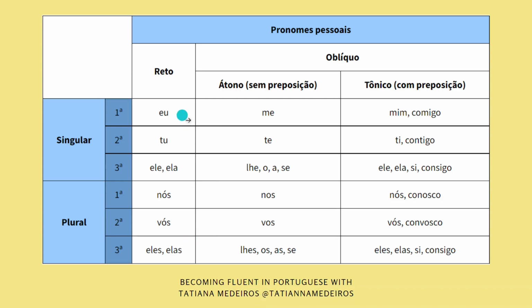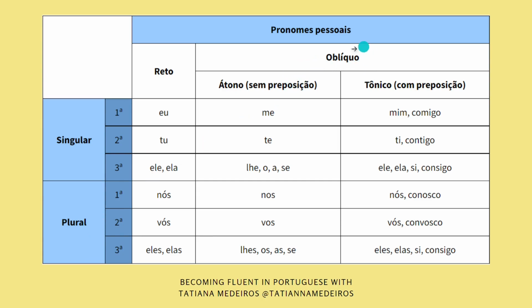Eu, I, tu, you, ele, ela, he, she, nós, we, vós, you, eles, they, masculine, elas, they, feminine. Here we have singular, plural, first, second, and third person singular, first, second, and third person plural.